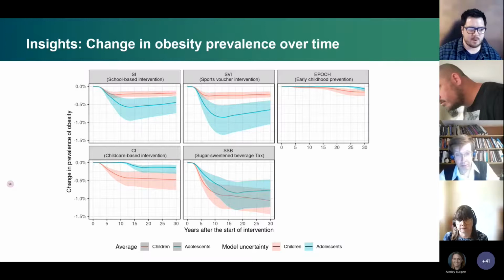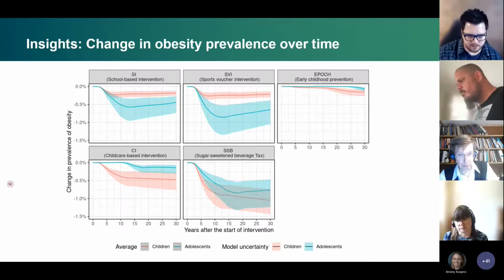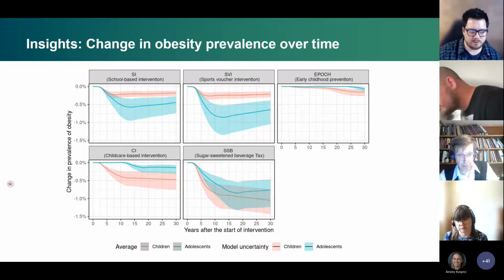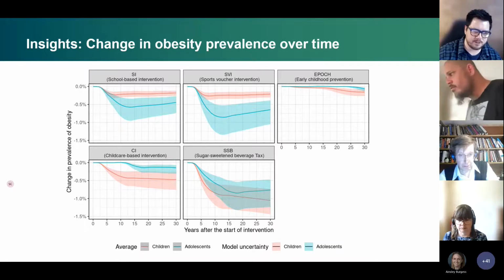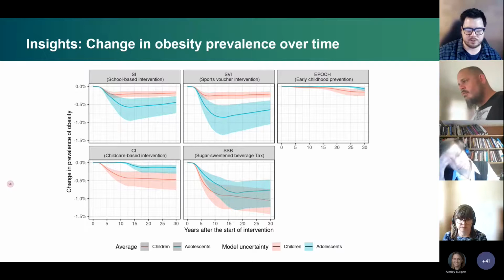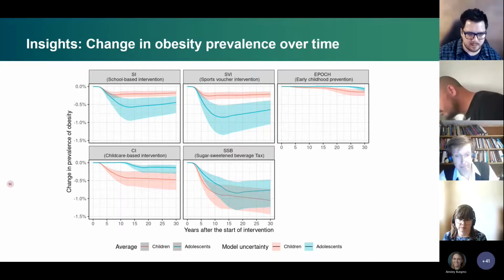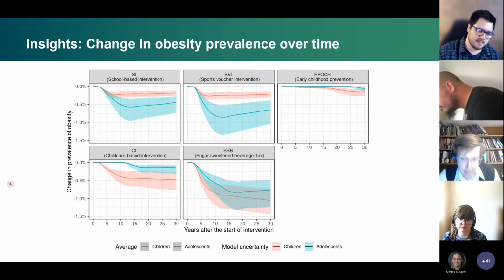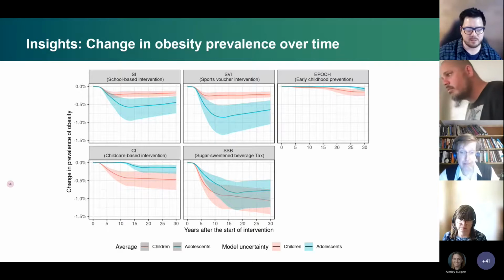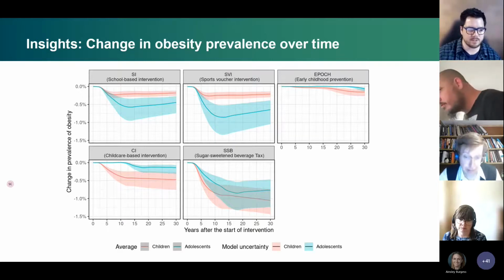So this is what we might see in a lot of papers with system dynamics modeling. They often publish this change over time, and this really shows how long it might be until we see the full effect of an intervention. Each of the interventions was structured to have a 5-year rollout phase, but you can see that sometimes it can take 10 to 15 years before we see the full effect of an intervention coming through at a population level.